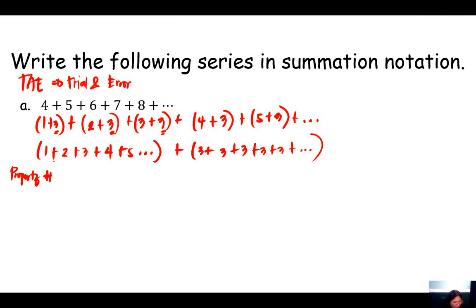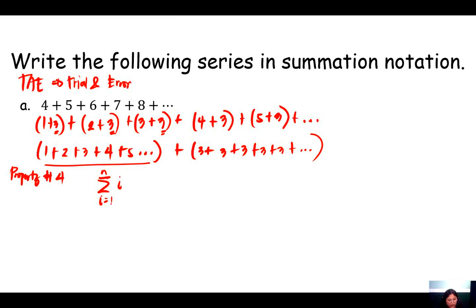Ano kaya yung pwedeng property na i-apply natin? Property number 4 for this side. Paano, Ma'am Alea? Like this, we can write like this. Summation of n, starting point is 1 of i.